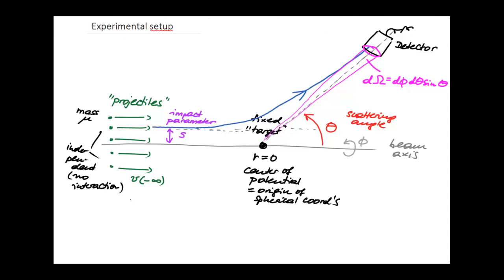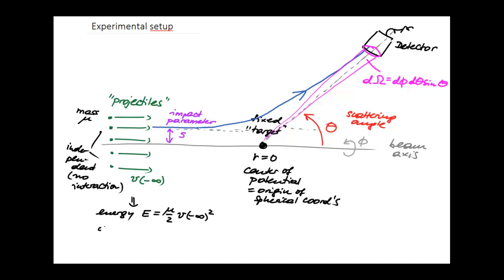With that velocity, the projectiles have kinetic energy E, that's mu half velocity squared, that's the energy.